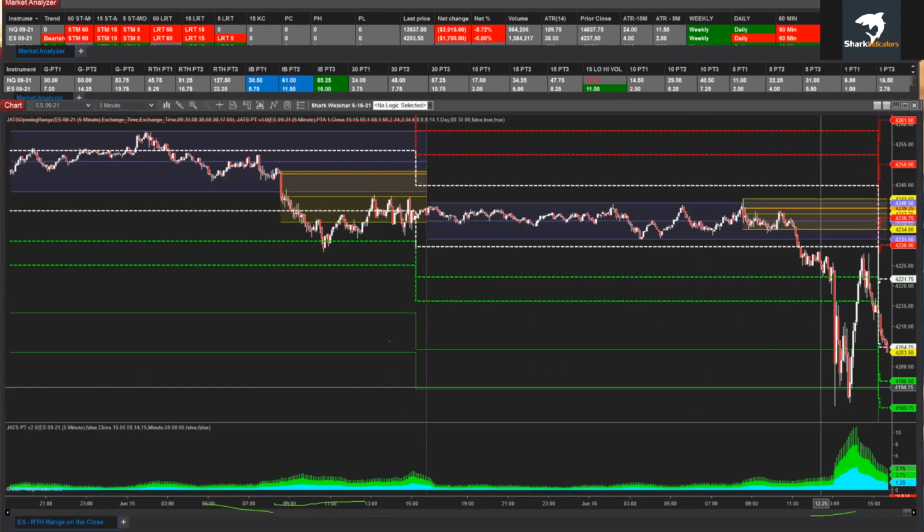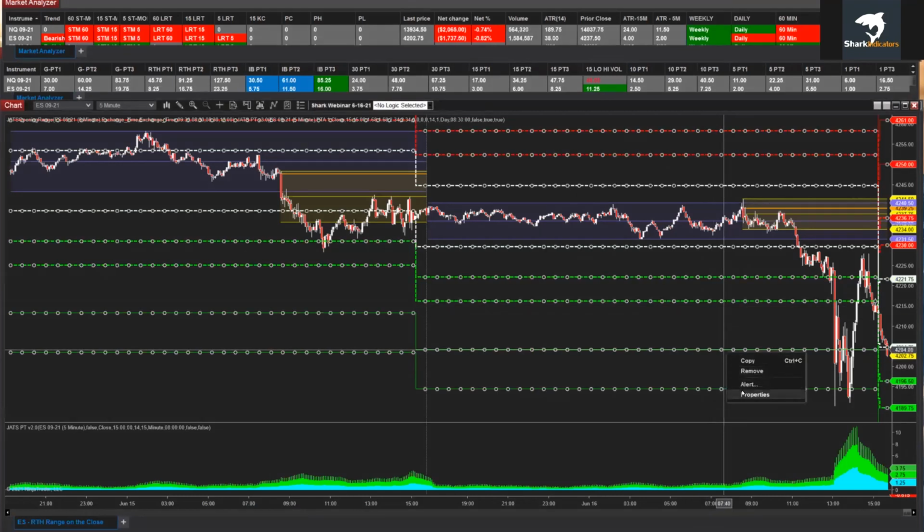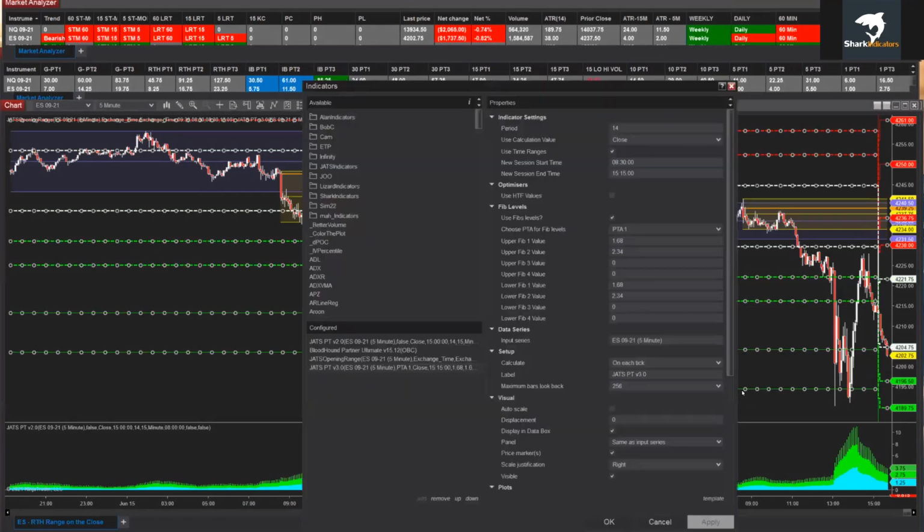Okay. This is the 5-minute chart and clear drawings. You can see we've got price taking off again after the maintenance period, and coming back. We had these tails today. We can set the properties of the indicator.